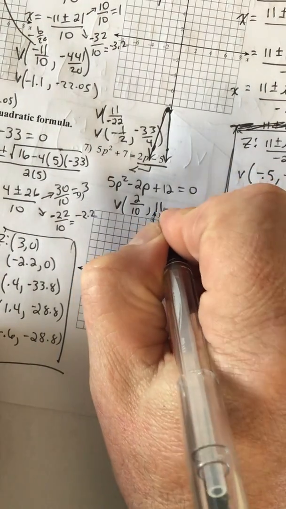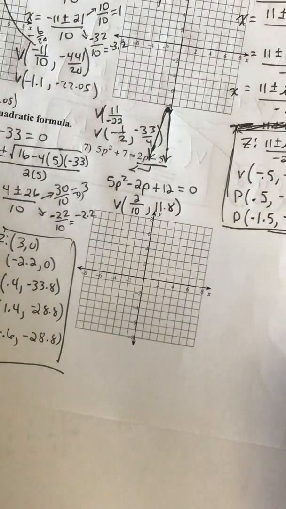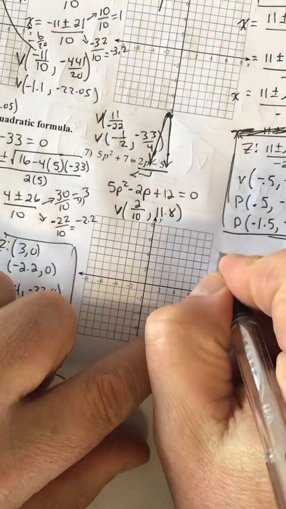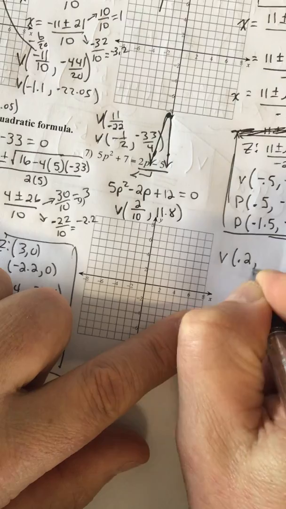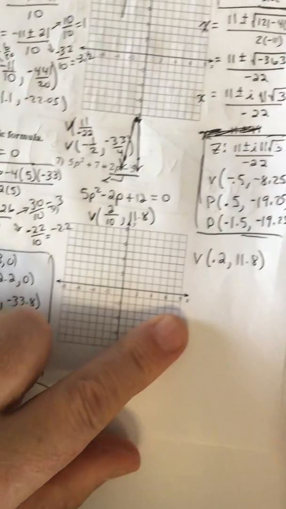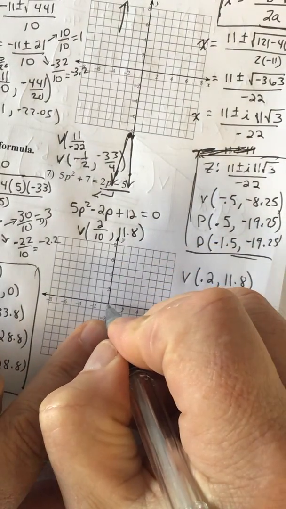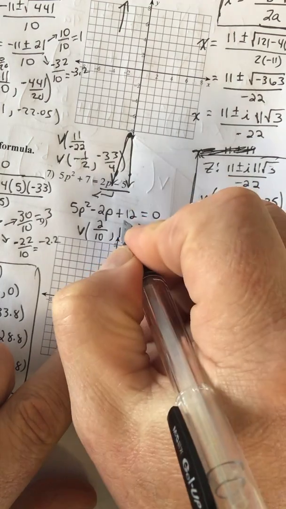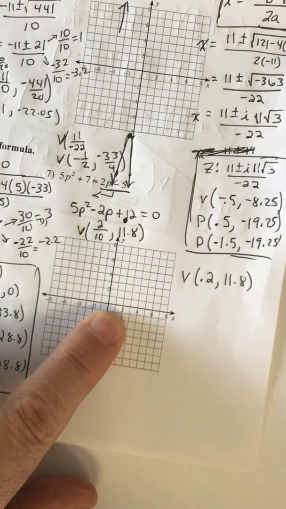That's 11.8. Okay, so my vertex is 0.2, 11.8. So 0.2 is barely over, up 11.8 is somewhere right up there.